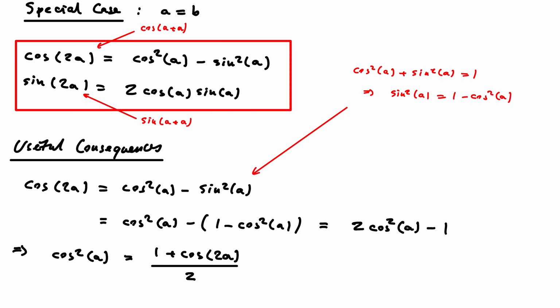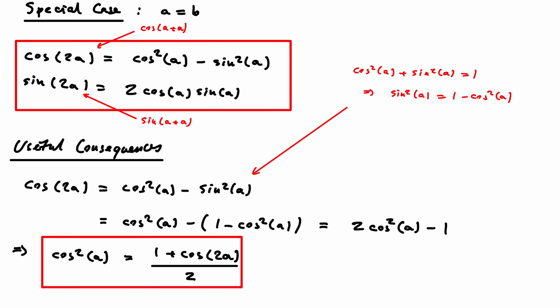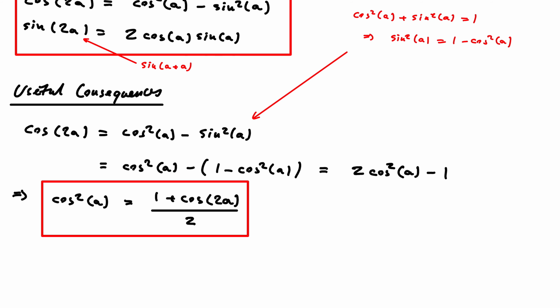Doesn't look too earth-shattering, but it's a useful formula in the world of calculus. And I'll tell you why it's useful. Imagine if A was a variable, like an x or a theta. Then this allows you to write cos squared of theta in terms of something much simpler, which is cos of 2 theta.